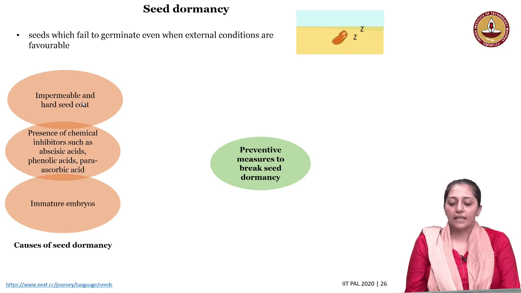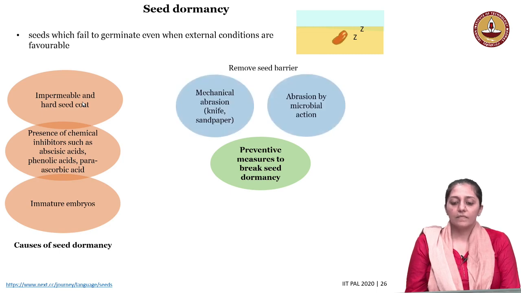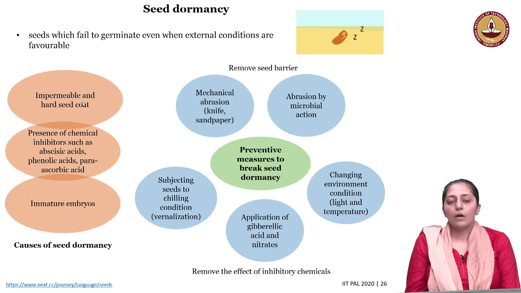The measures taken to break seed dormancy either involve removal of the seed barrier by mechanical abrasion, through a knife or sandpaper, or abrasion using biological agents like microbes, which are co-cultured or incubated for some time to bring about rupture in the seed barrier, or removing the effect of the inhibitory chemicals.